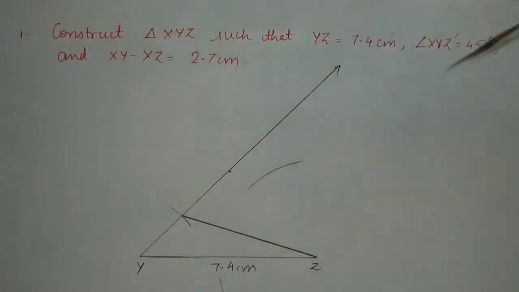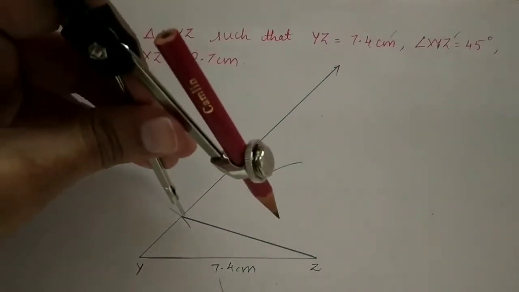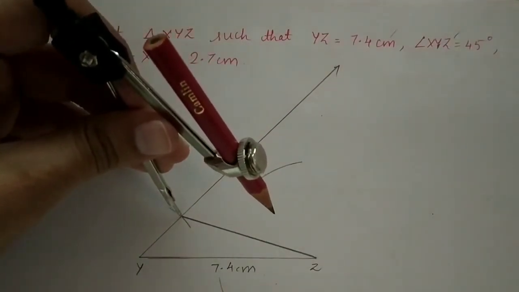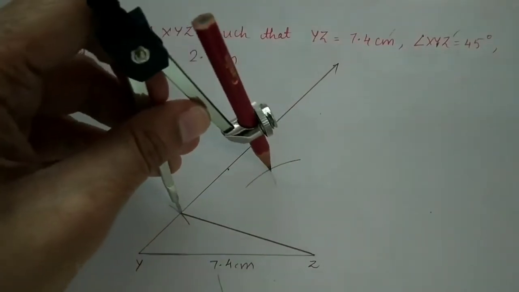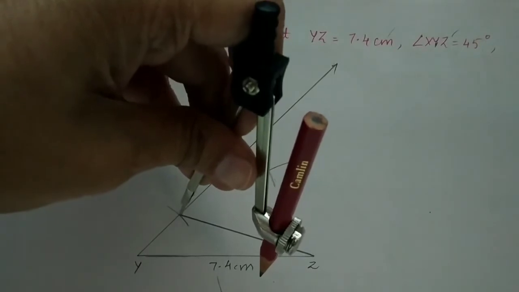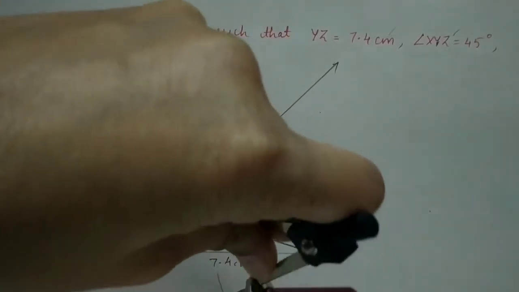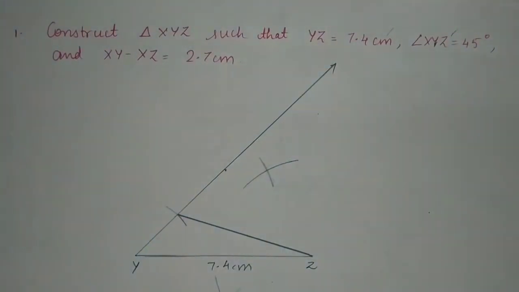After placing the compass pointer at either end of the segment, I get an arc here and here.